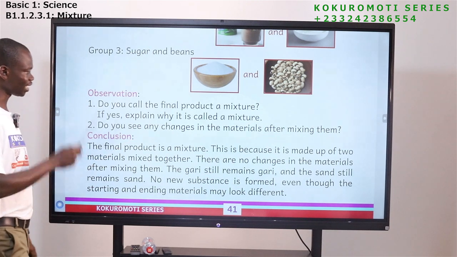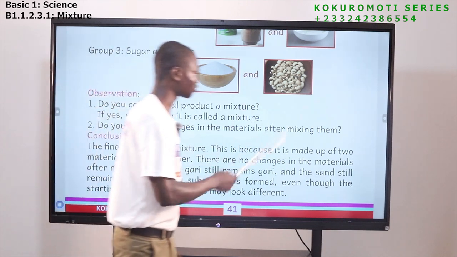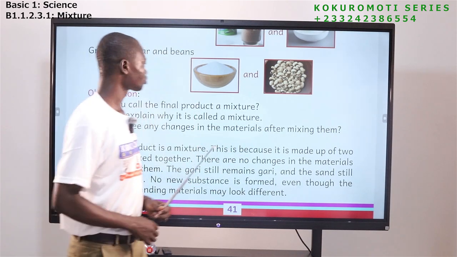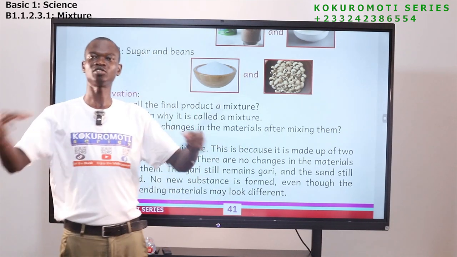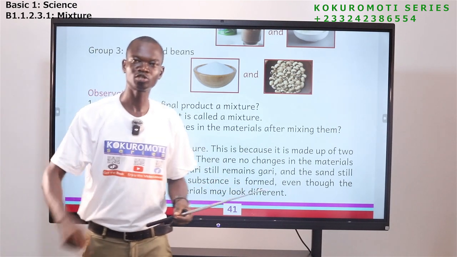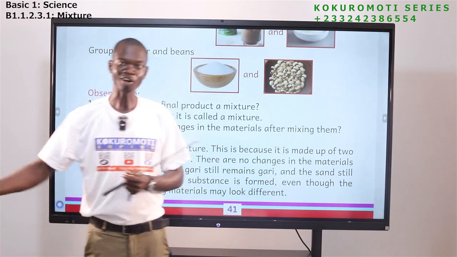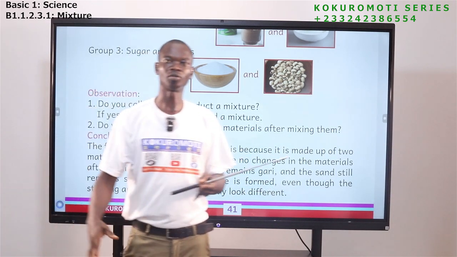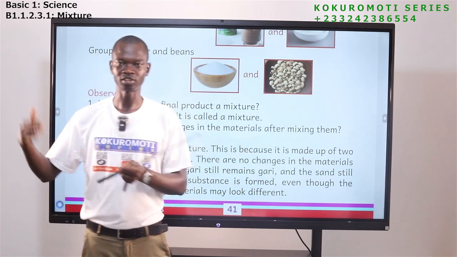Do you see any changes in the materials after mixing them? Let's say you mix beans and what? Sugar. After mixing the beans and the sugar, the beans, did it change to what? Maize, or it was still beans? The sugar, did it change to water, or it was still what?